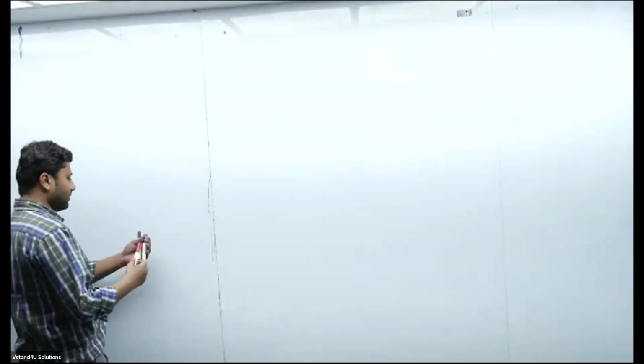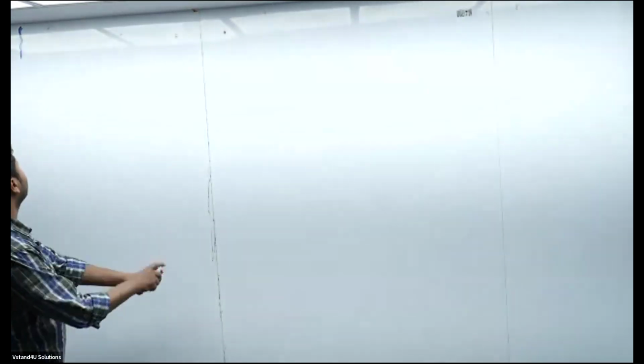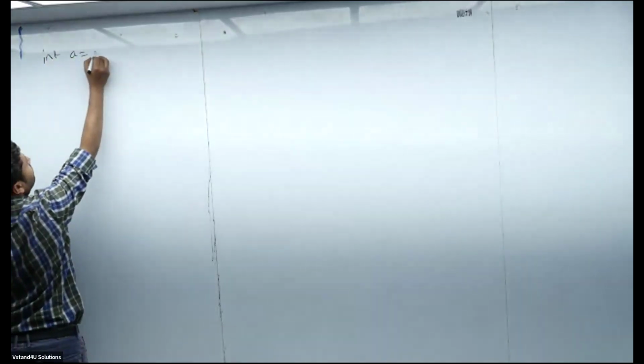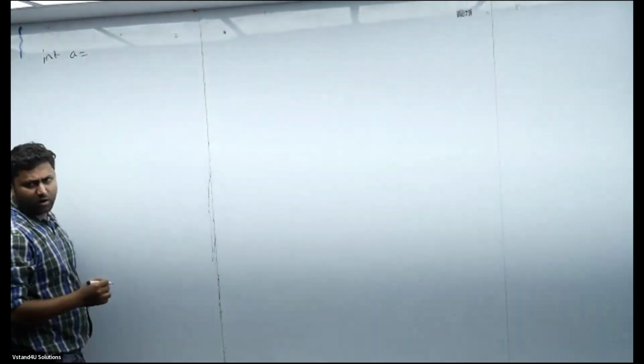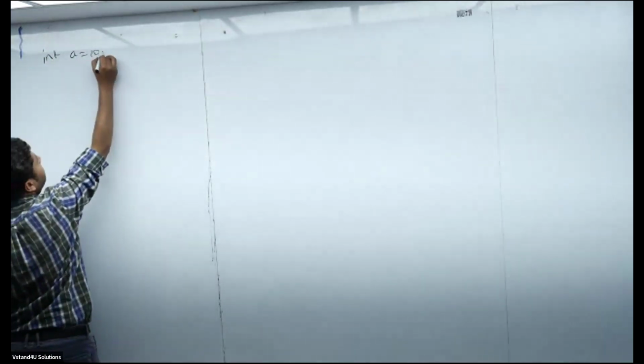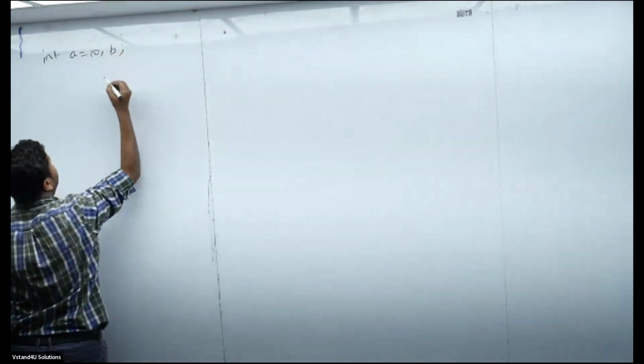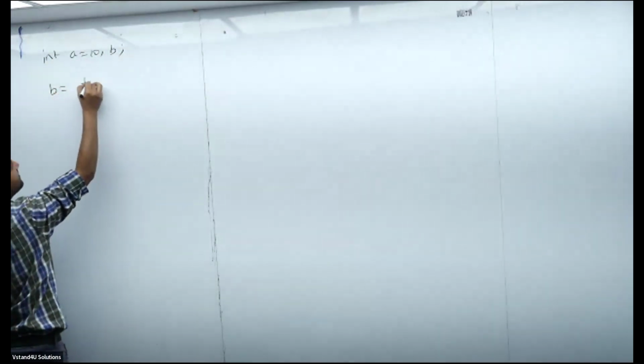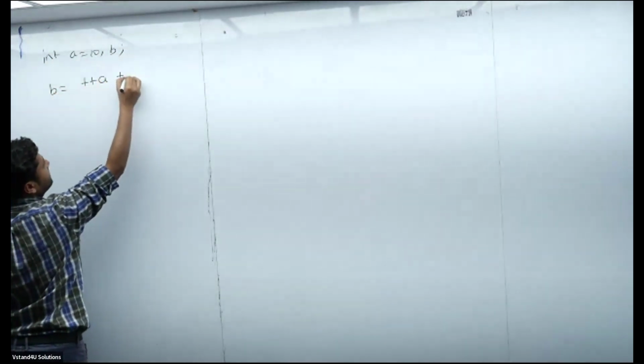Till now we have done what? One operation, right? Let me add a few more operations on top of it. Shall we start? Pay attention. We are taking a variable int a equal to 10, b nothing. Then b equal to ++a + ++a.